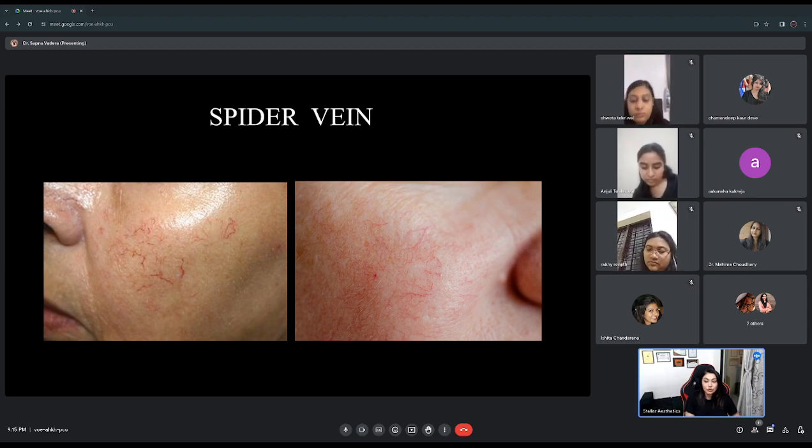So what we'll have to do is pigment reduction laser. That will break the old, decayed pigment which is lying there, and ultimately the pigment will be phagocytosed by the body cells.